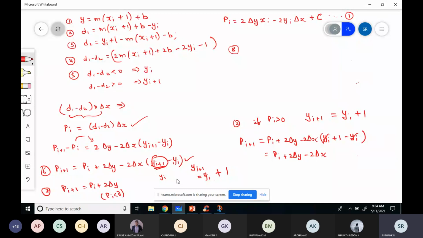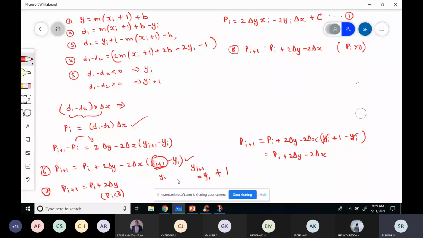P of i plus 1 is equal to p_i plus 2 times delta y minus 2 times delta x, considering p_i greater than 0. So finally we have calculated p_i plus 1 for two cases, one less than 0 and one greater than 0.